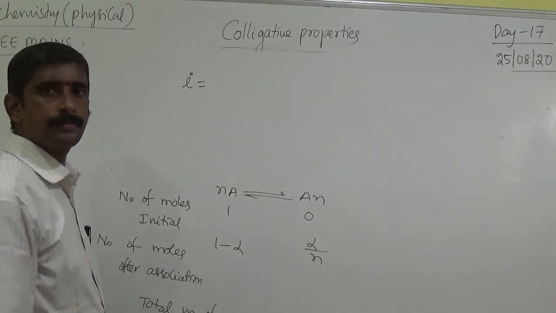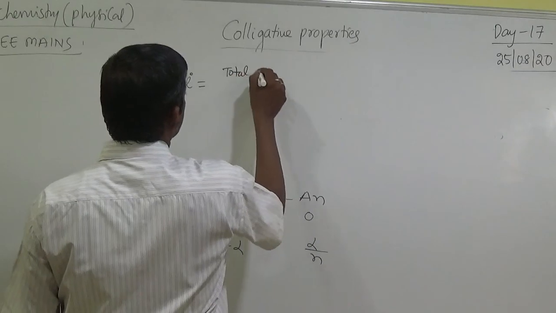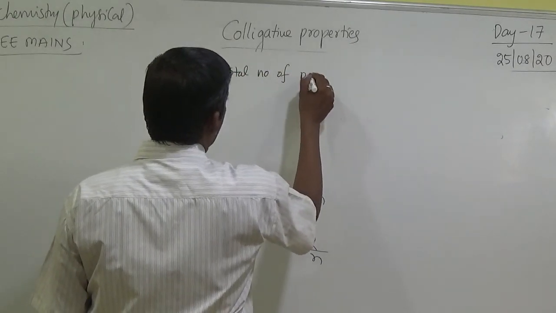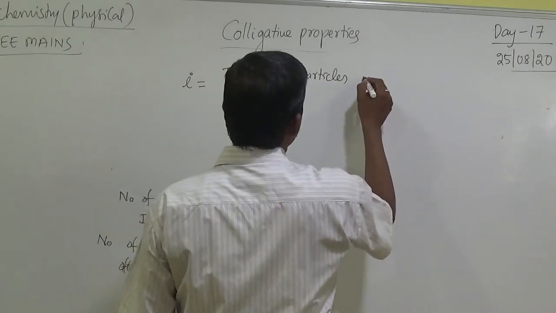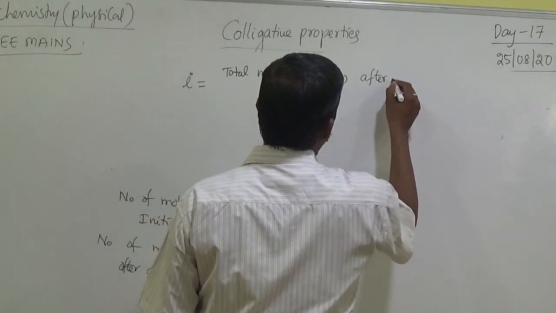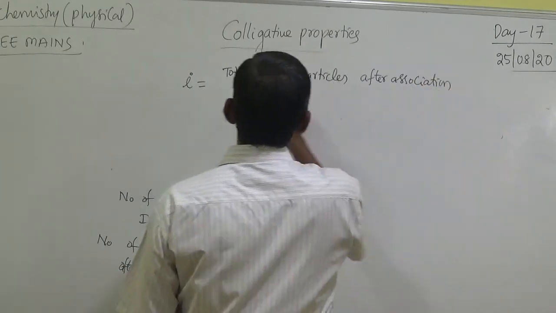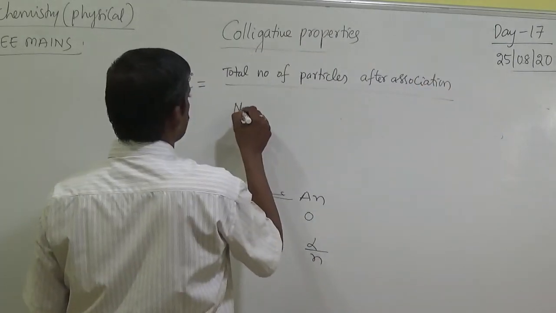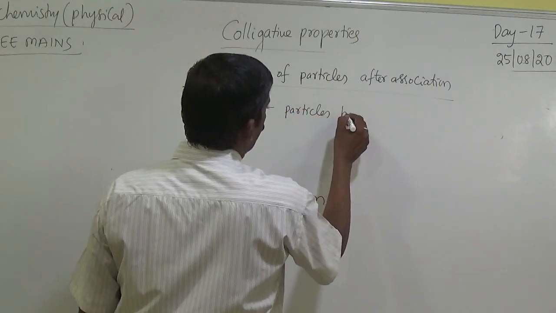We know i equals the total number of particles after association divided by the number of particles before association.